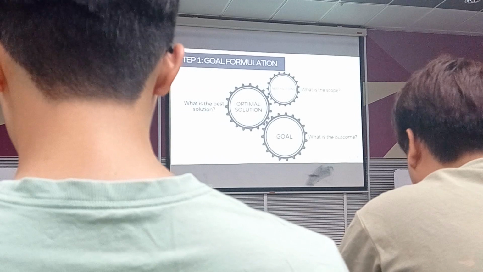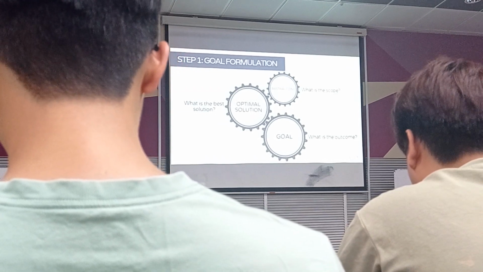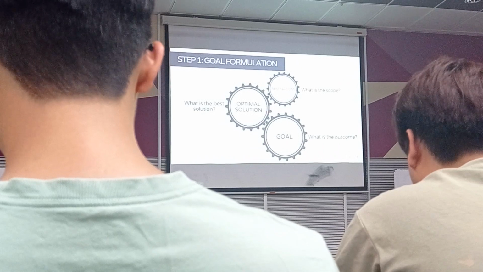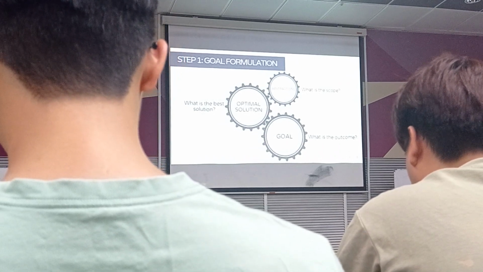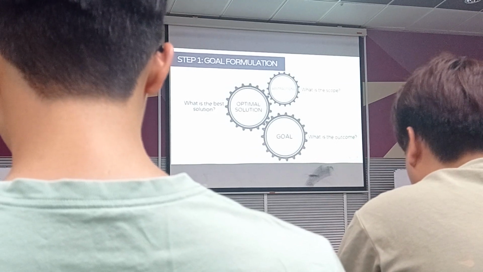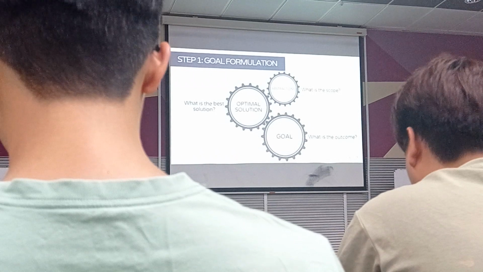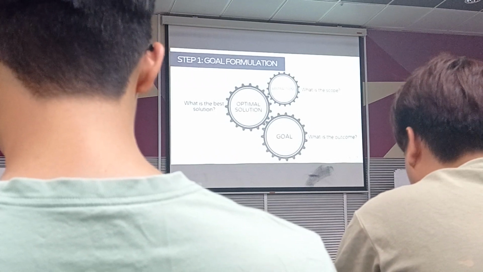I'm going to show you an example later. Goal is what is the outcome, what is the destination, optimal solutions, what is the best solution. Do you want to reach your destination in the shortest distance, or in the least amount of time? You have to define properly. Shortest distance doesn't mean that you're going to reach in the least time.